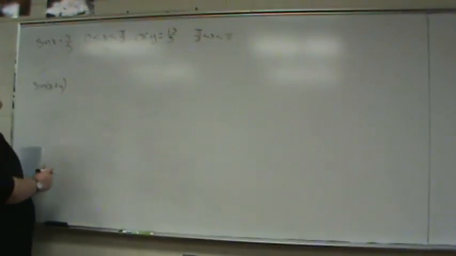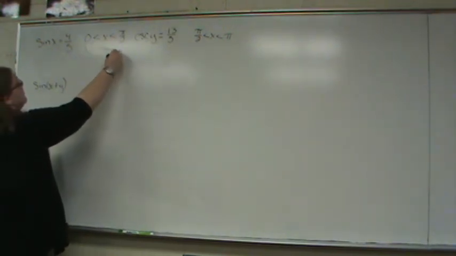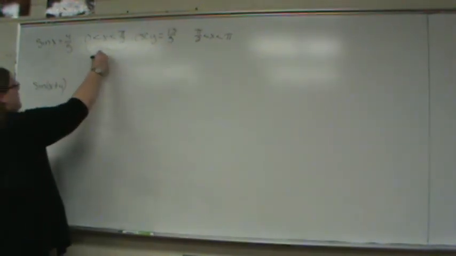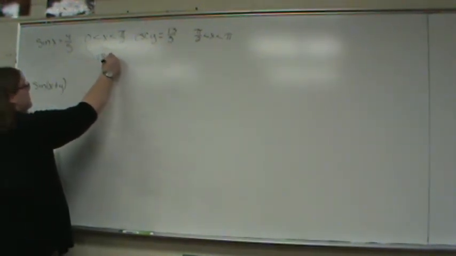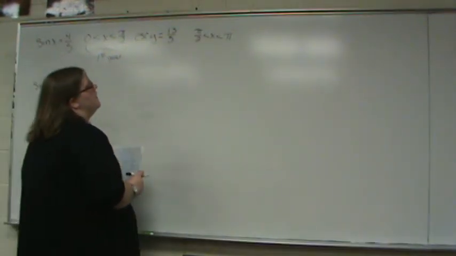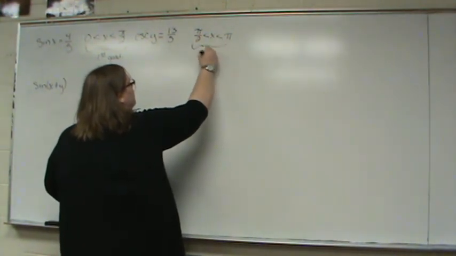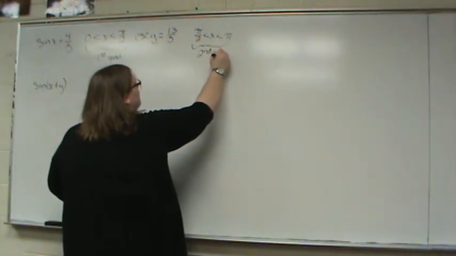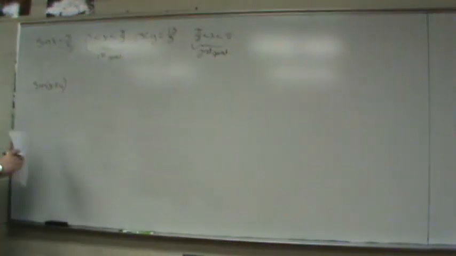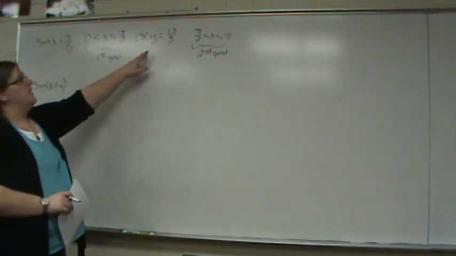So for our angle x, we're told that it's between 0 and pi over 2. So where are we with that angle then? First quadrant. And then with our y, we're told that it's between pi over 2 and pi. Second quadrant. So now, just like we did in 11, we want to make triangles for this angle and this angle.